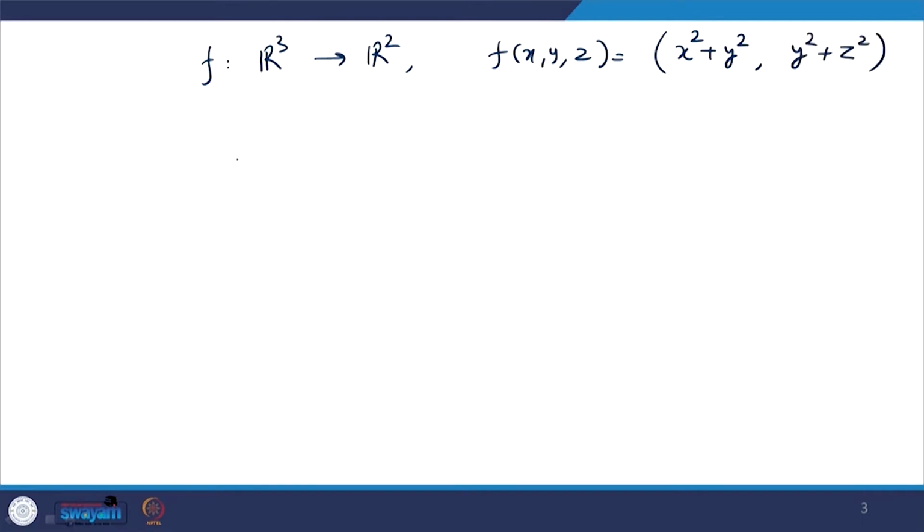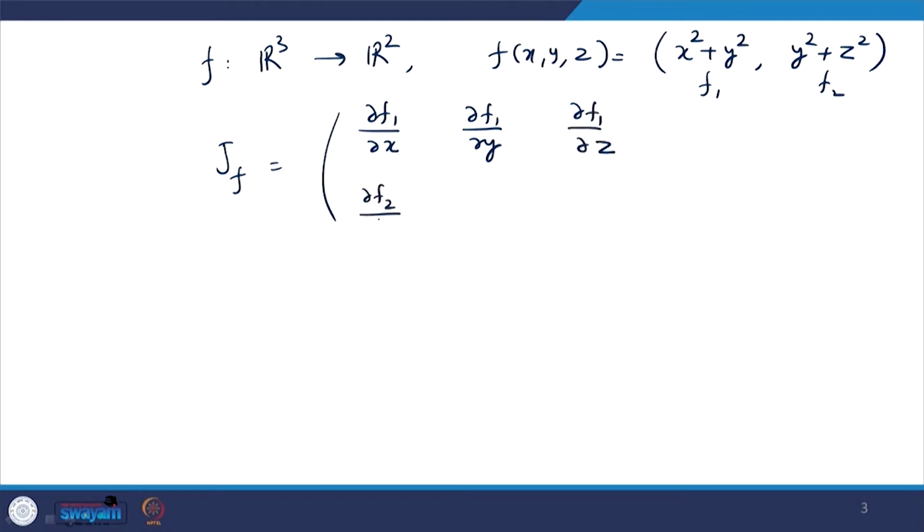Suppose you want to compute the Jacobian of f. Again you have two functions f1 and f2. So, this will be del f1 upon del x, del f1 upon del y, del f1 upon del z. Here it is del f2 upon del x, del f2 upon del y, del f2 upon del z.